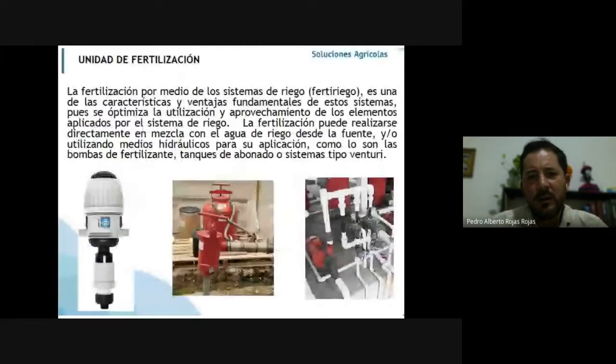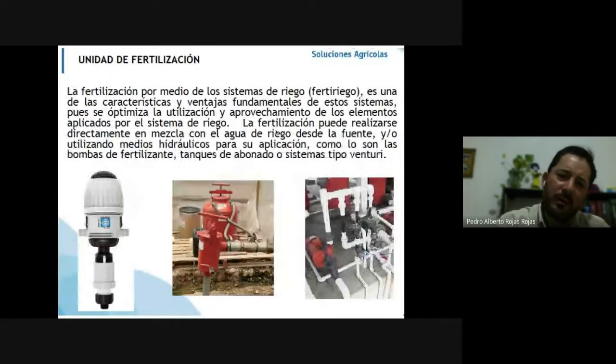The fertilization unit is the tanks or the equipment that apply the fertilizers to the system, and it is applied by different elements. For example, by a pump, by equipment like Venturis, or by starting a pump directly.